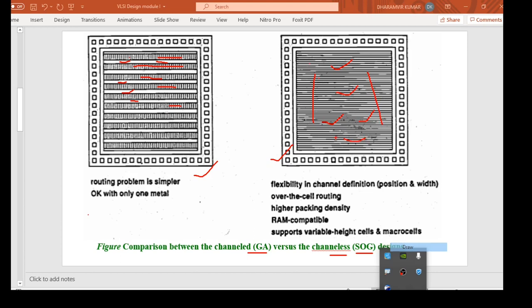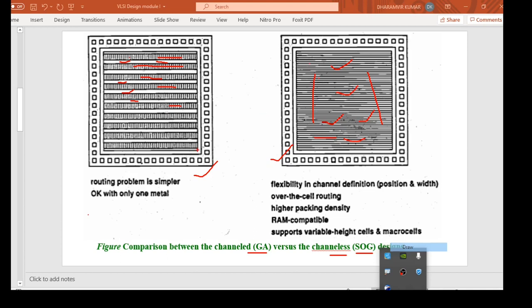The only option is that we can use those uncommitted transistors to act as interconnecting layers between different circuits on this chip. Hence it is also called channelless gate array design, or simply sea of gates design, or sea of gates VLSI design.